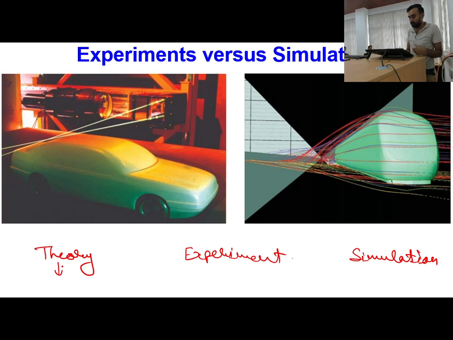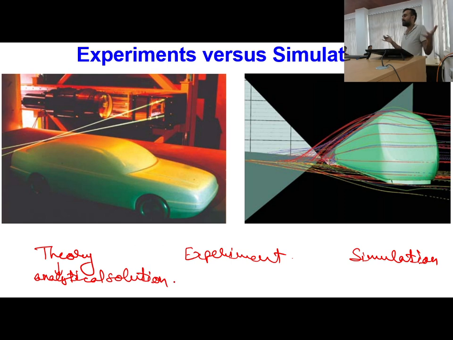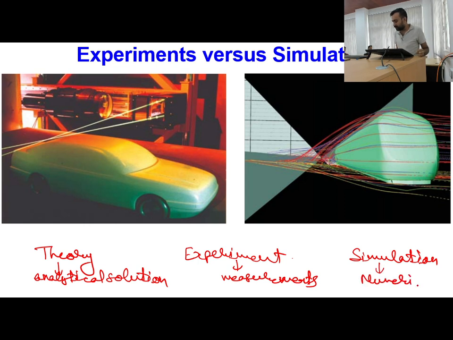In theory, we try to find the analytical solution of the governing equations, which are nothing but partial differential equations. In experiments, we employ some measurement equipment and take measurements to determine the flow field. And in simulation, we use numerical methods to solve the governing equations.